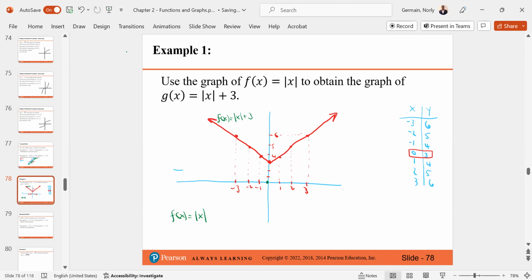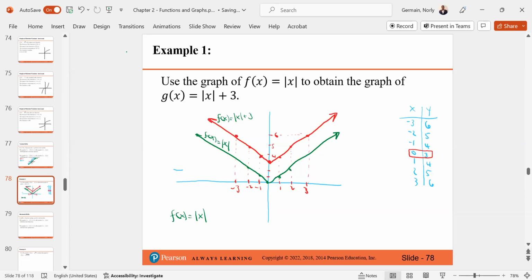When x is -1, y would be 1. When x is 1, 1. When x is 2, you are going to have 2. When x is -2, you are going to have 2, etc. So this graph would have been f of x equals absolute value of x. So you see, we shift the graph up.